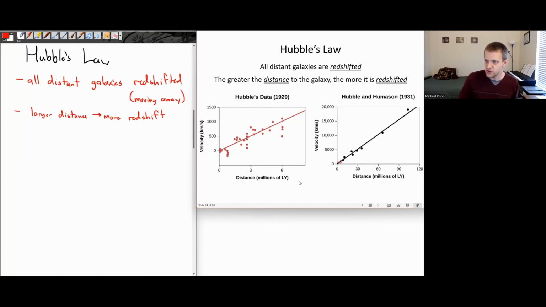But within just 2 years, the red shows the original data. Within 2 years, astronomers had been able to measure the distances to more and more distant galaxies. And now this pattern becomes much more clear, where the more distant the galaxies, the more redshifted they are.